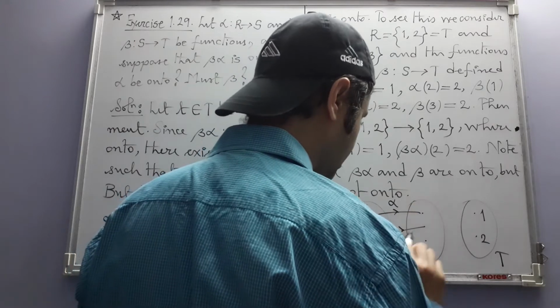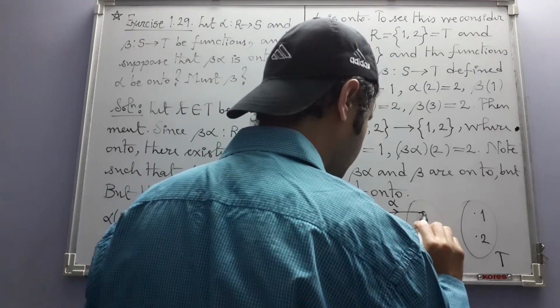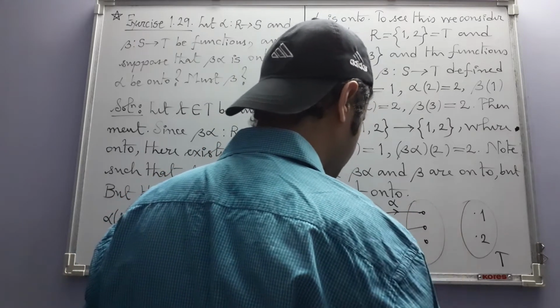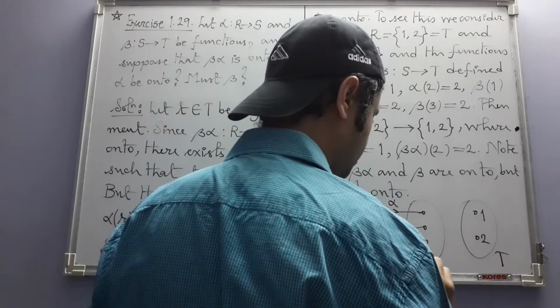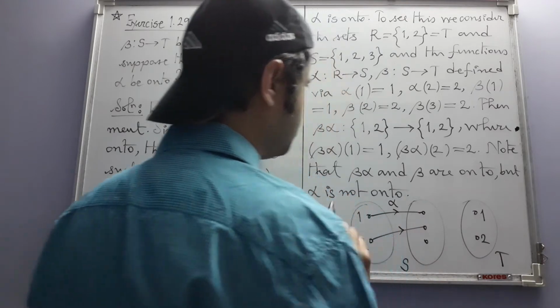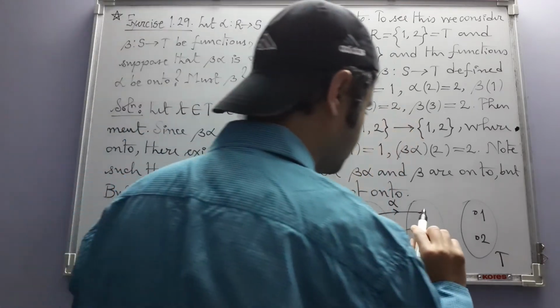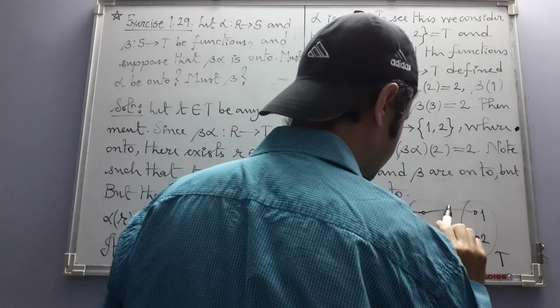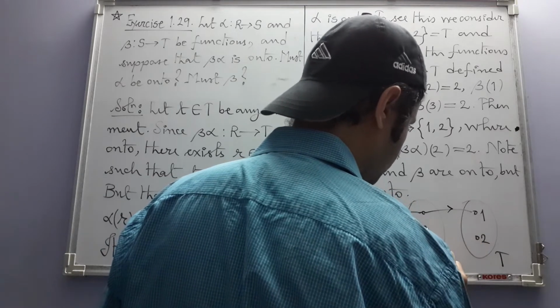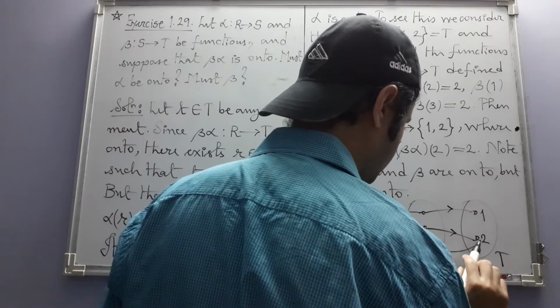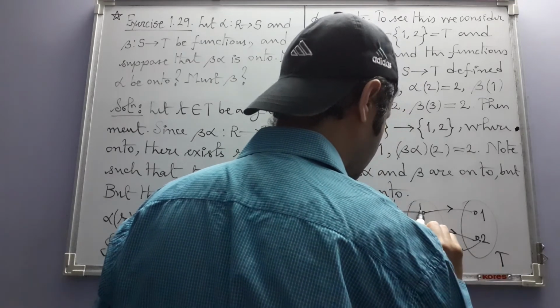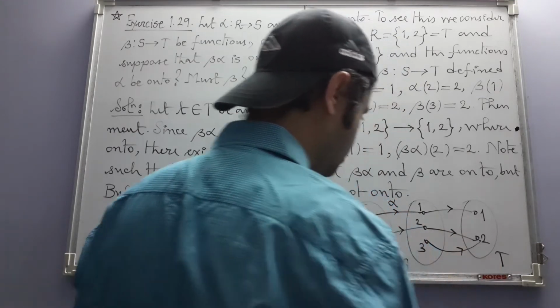So this is our alpha. And then beta maps 1 onto 1, 2 onto 2, but 3 also onto 2. So this is 1, 2, 3.